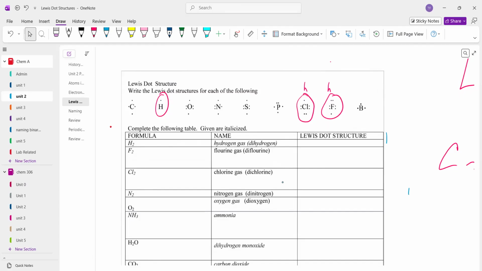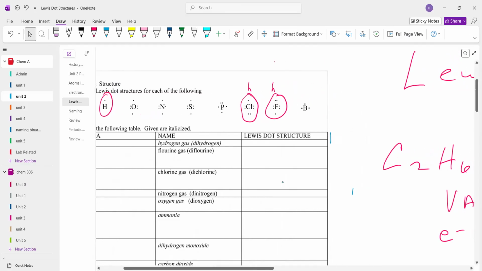Okay, everyone got that down? Okay. So let me write the formula, in fact, it's right here.